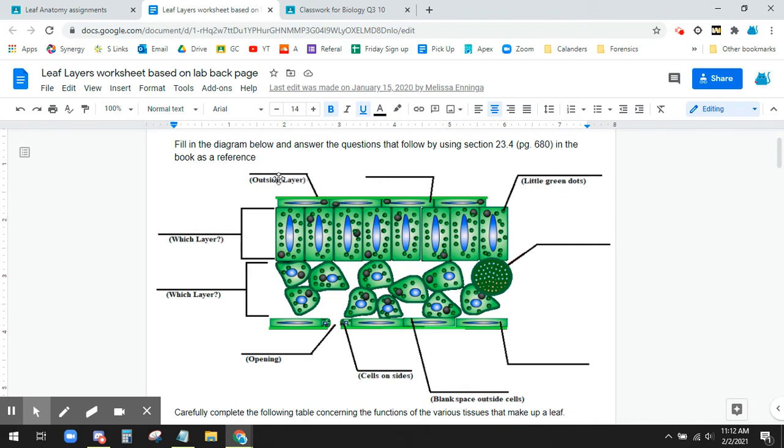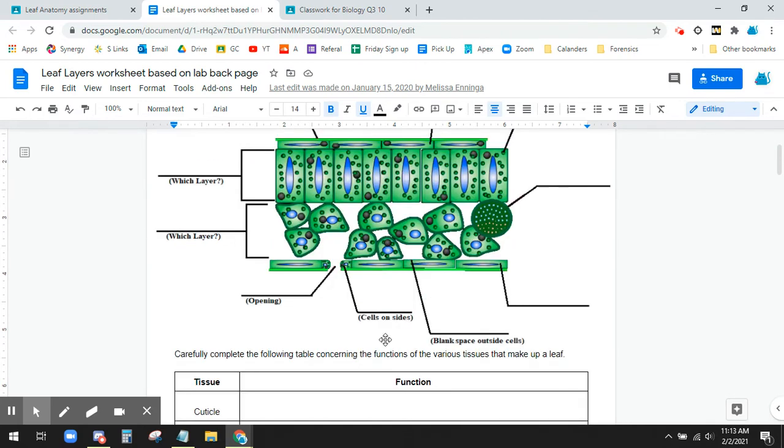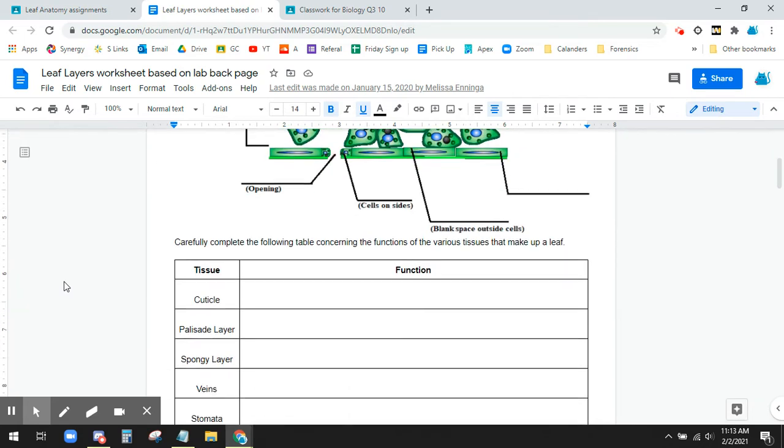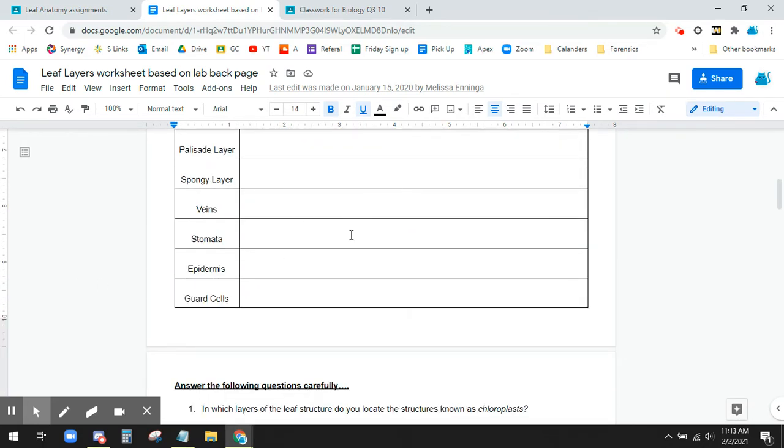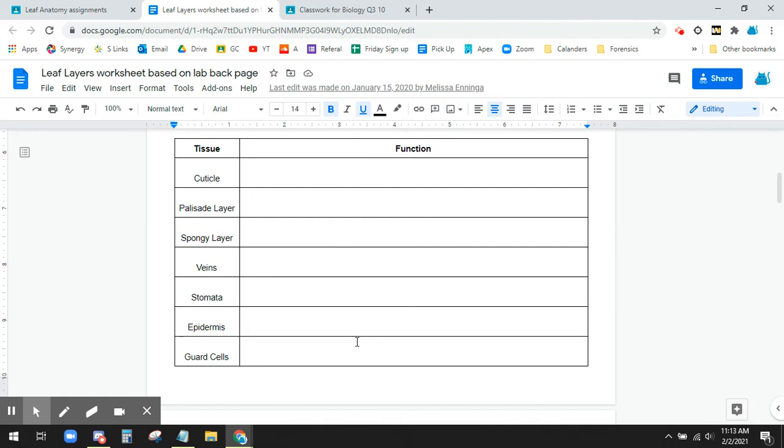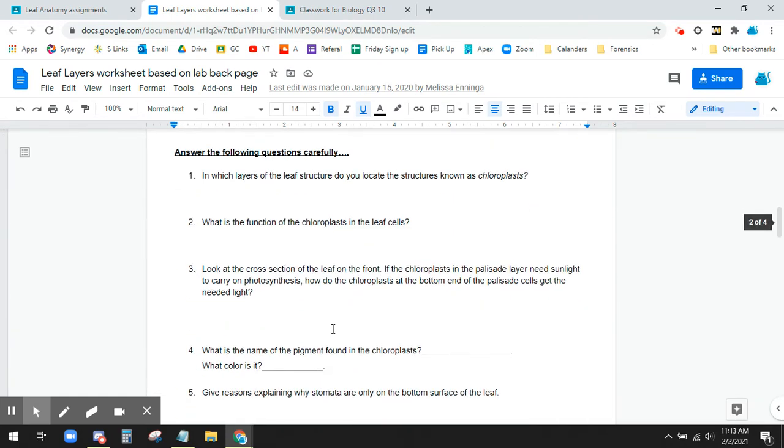So top left, top right, top middle, left 1, left 2, right 1, and then bottom 1, 2, 3, 4. Okay. And then this just goes through the functions of each, and then you answer the questions.